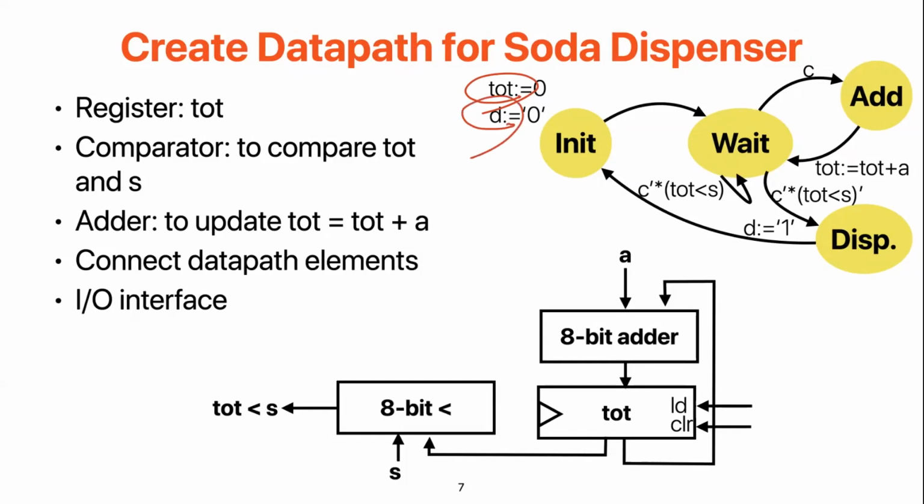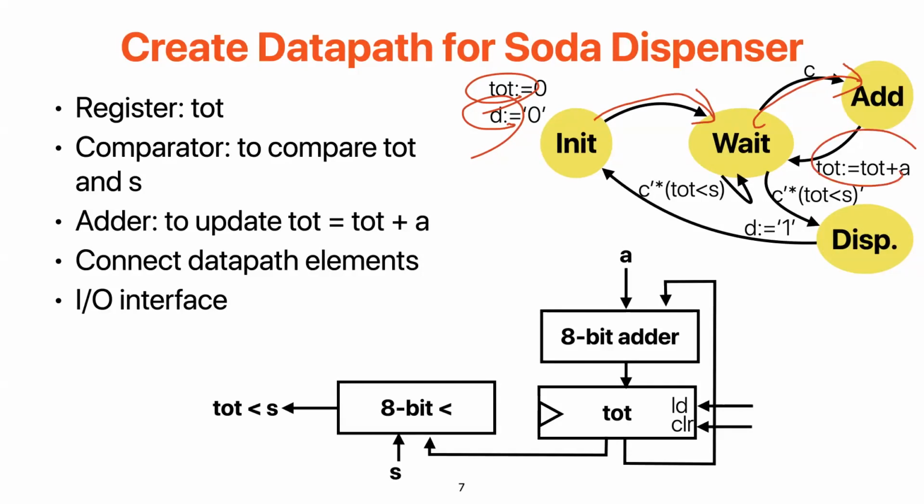After we initialize everything, we go into a wait state, which is waiting for the customer to put something in. There's another signal called C, which means that the customer put a coin in there. When you put a coin in there, we will add that to your current total. So that's why we have total plus A here. And let's judge if the coin brings us to reach our total.